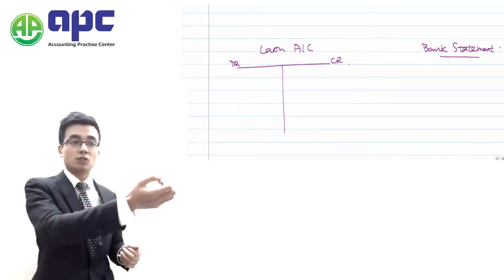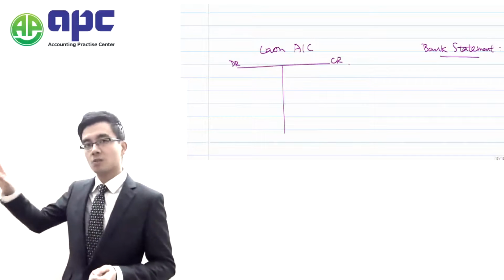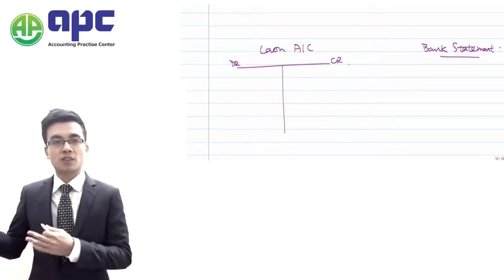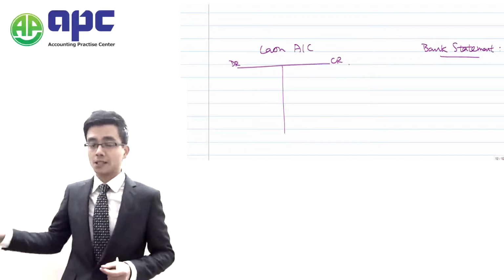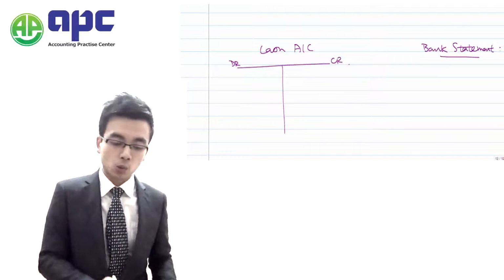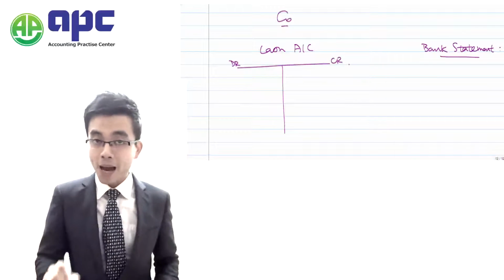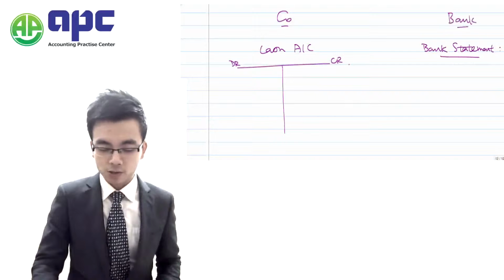For example, we received a check worth 100 from our customer A, but we haven't gone to the bank to receive this 100 and update the amount within the bank account, because it's just the check, just the payment that we received. And hence, of course, there would be a difference between the cash account within our company and the bank statement figures from the bank's perspective as well.